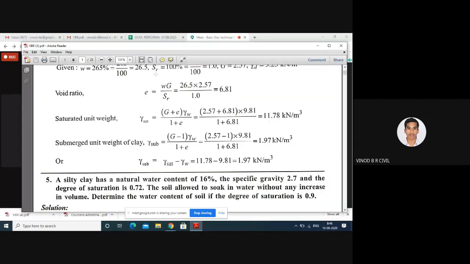In this expression, we don't know the E value. With the help of E equals W into G divided by SR, we can calculate the void ratio.